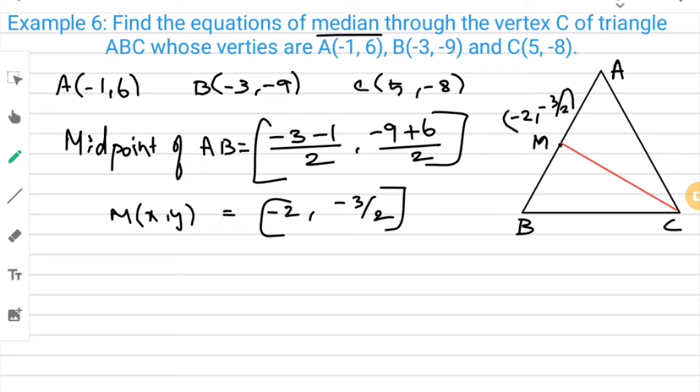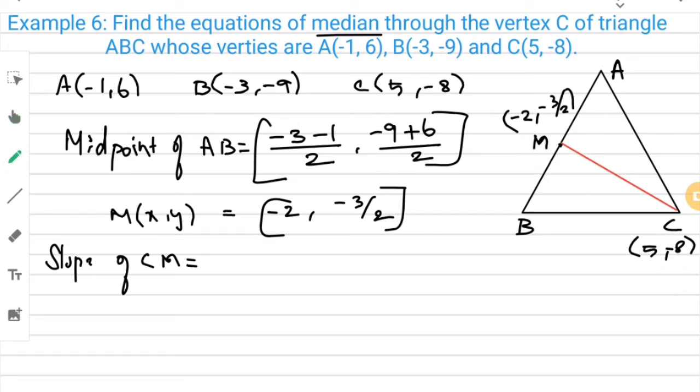And we know the point C as (5, -8). Now we have two points, so using these two points, first we have to find the slope. Slope of CM is equal to (y2 - y1)/(x2 - x1), and I am going to take this one as x2, y2 and this one as x1, y1.